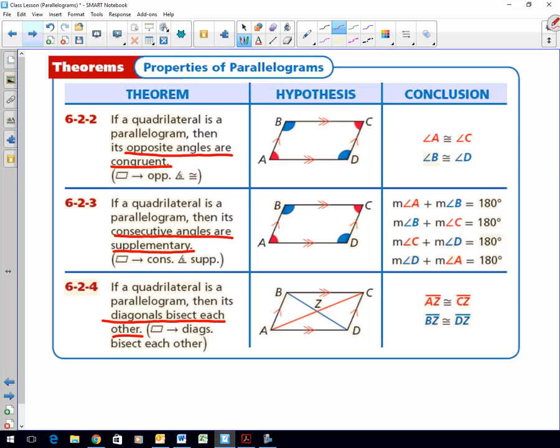A parallelogram: opposite sides are parallel, opposite sides are congruent, opposite angles are congruent, consecutive angles are supplementary, diagonals bisect each other. Those 5 principles are crucial to understanding what a parallelogram is.